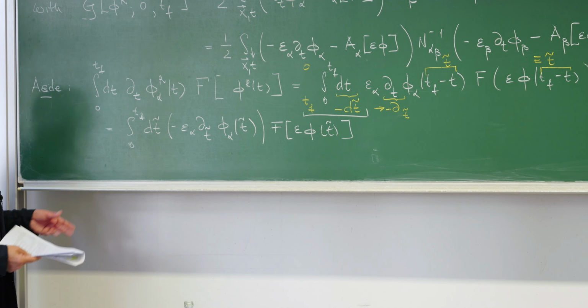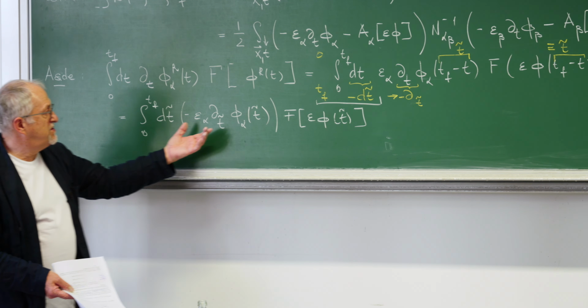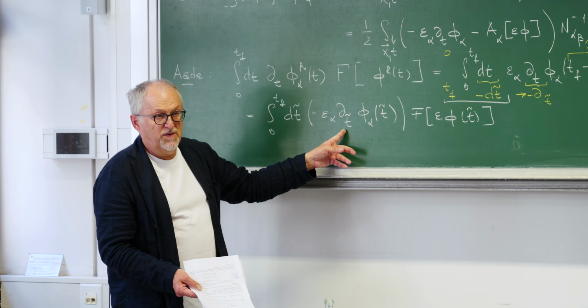Okay, so here we are. That's what I wanted to show you. This is the whole calculation, and then you see that this is this minus that appears when you have a time derivative, and here correspondingly for the function f.